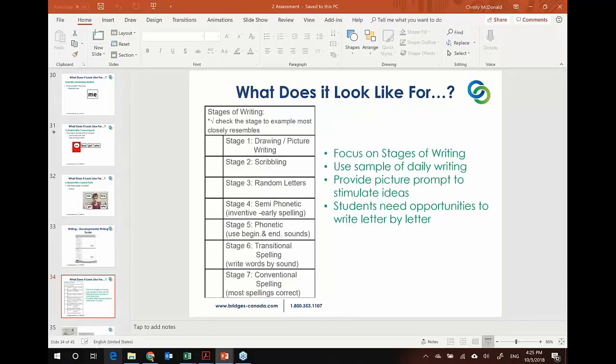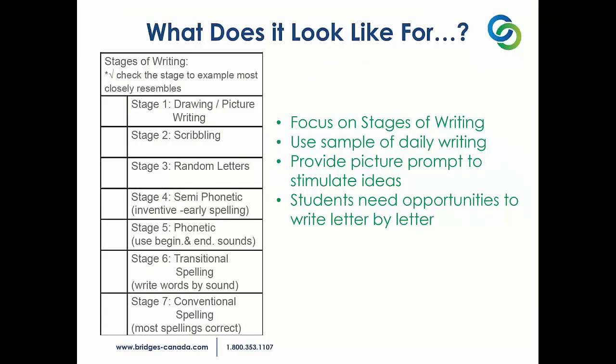So while this tool gives instructions about a specific writing task for the assessment, we recommend that you actually focus on these stages of writing that are described on the assessment, but rather than having them copy a word, which is what they've indicated, we suggest that you use a sample of their daily writing, or you provide a picture prompt to stimulate ideas.